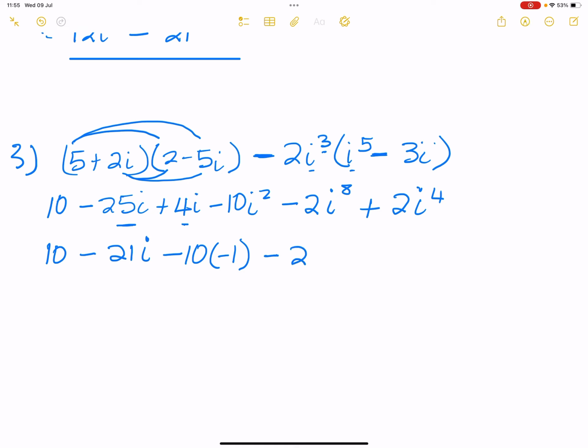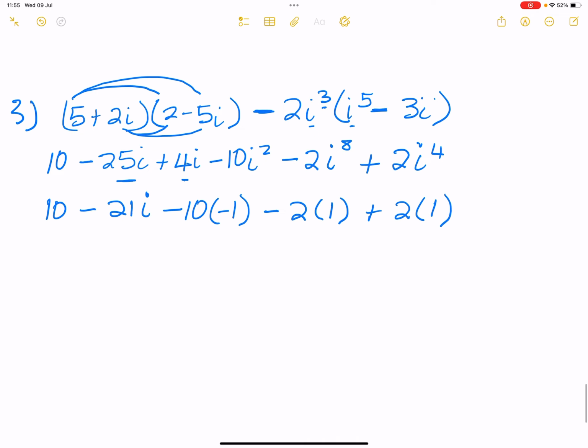Remember, i to the exponent of 8. 8 is a multiple of 4, or rather, 4 is a factor of 8. And so in this case, that means that this will just be 1. Right, plus 2. Again, i raised to the exponent of 4. So that would also be just 1.